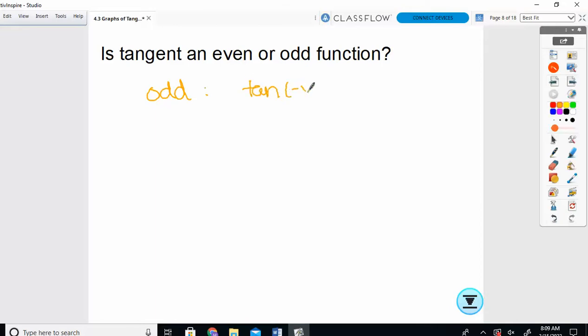So what that means is if you have a negative on your angle, you can pull it out in front. You guys have down everything you need for tangent.